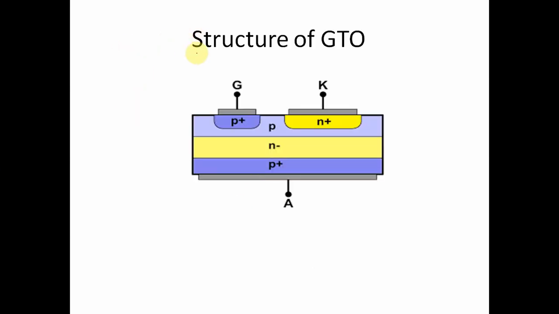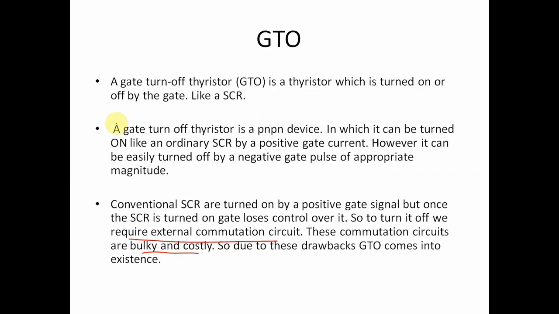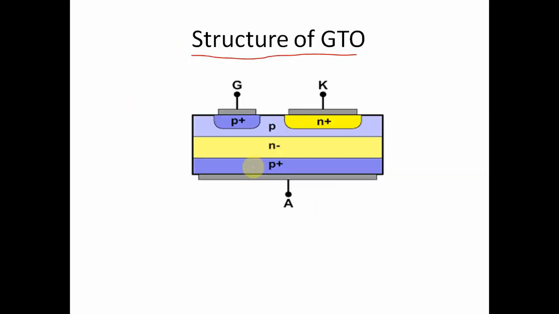Now we will study the structure of GTO. Gate turn-off thyristor is a PNPN device. This is the structure of GTO. First point, the structure of GTO is as shown in the figure.